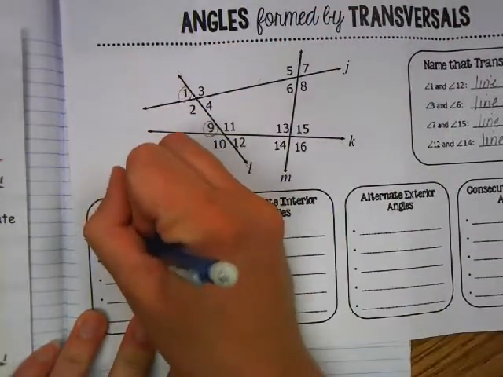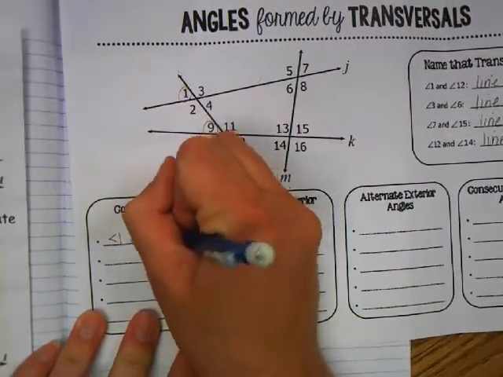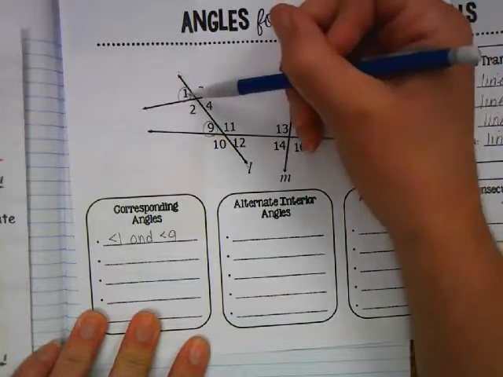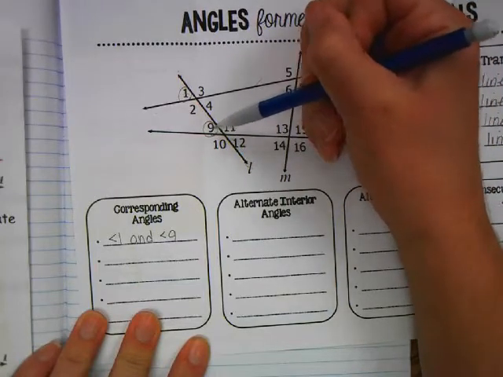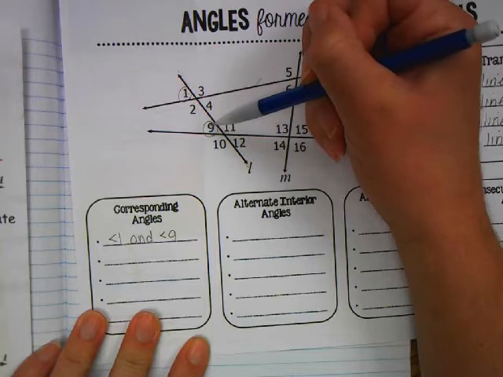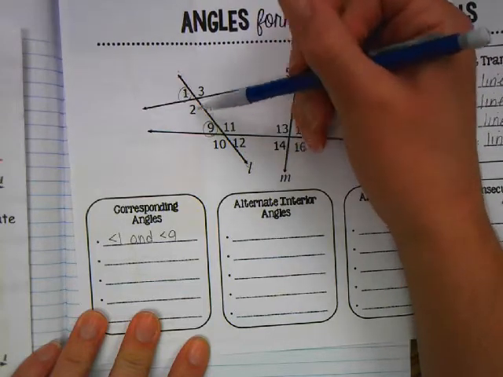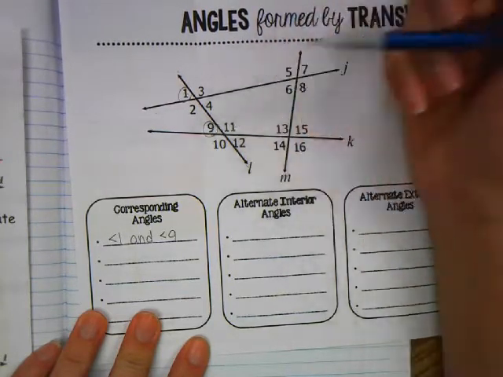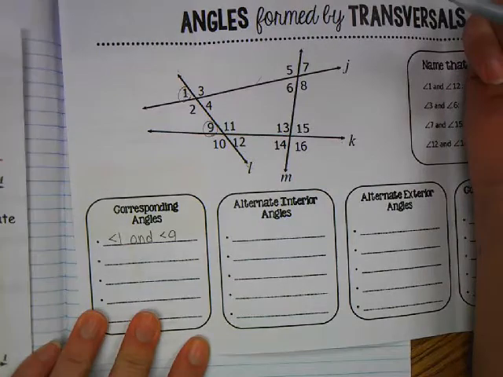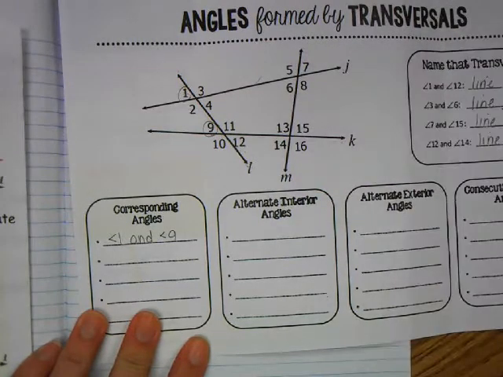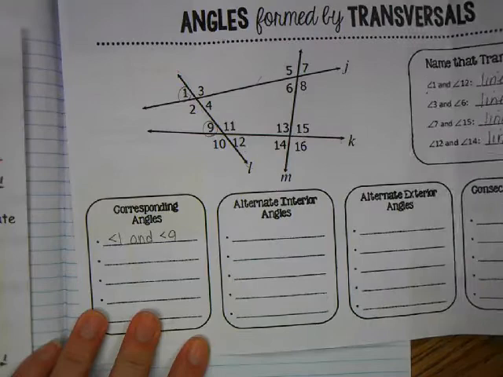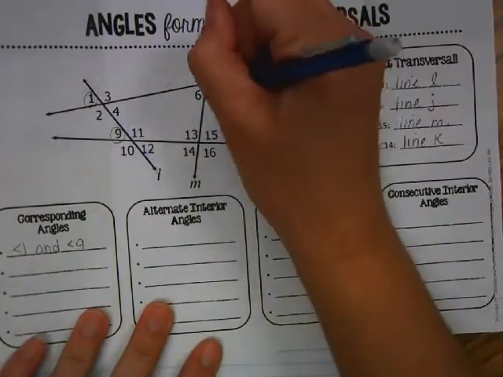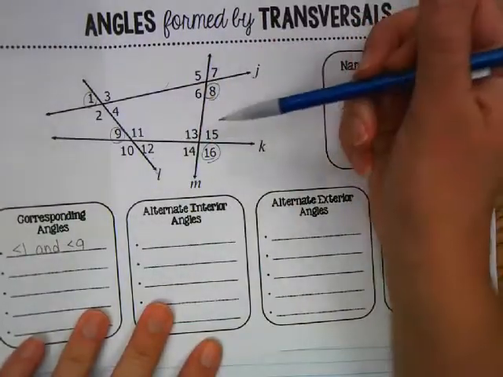Angle 1 and angle 9 would be considered corresponding angles because they're in corresponding positions. They're both on the top left. Another pair of corresponding angles, you could say 8 and 16.